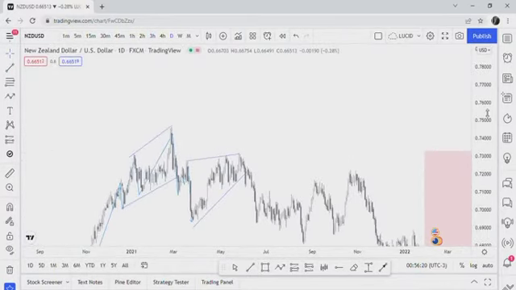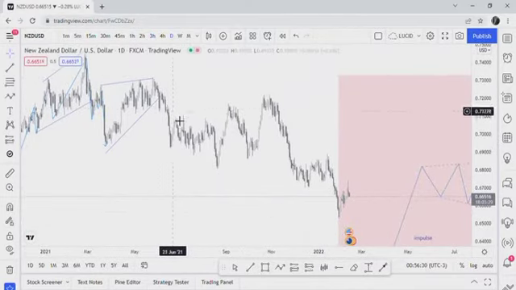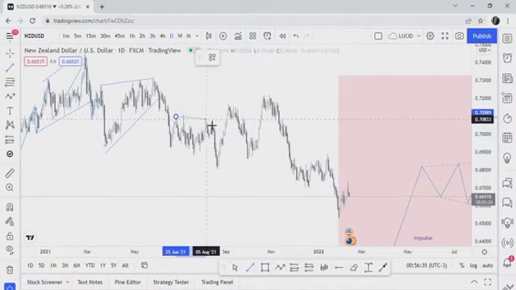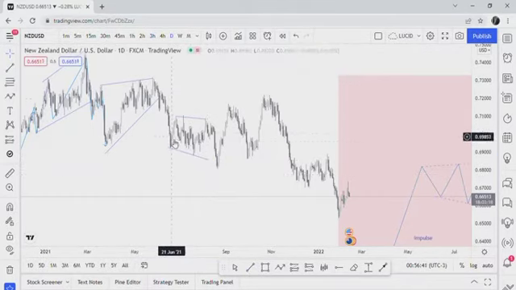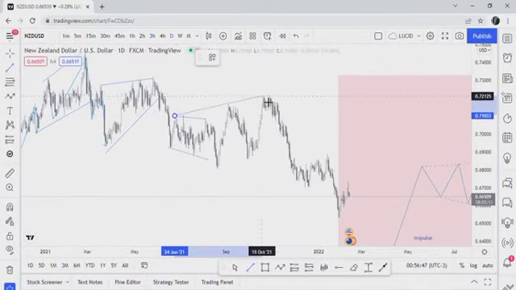Then within this pattern, this correction, you can get another impulse, uptrends, correction, then reversal, right? Then we had another impulse, then another correction. Impulse, correction, impulse. Then we had this huge correction.